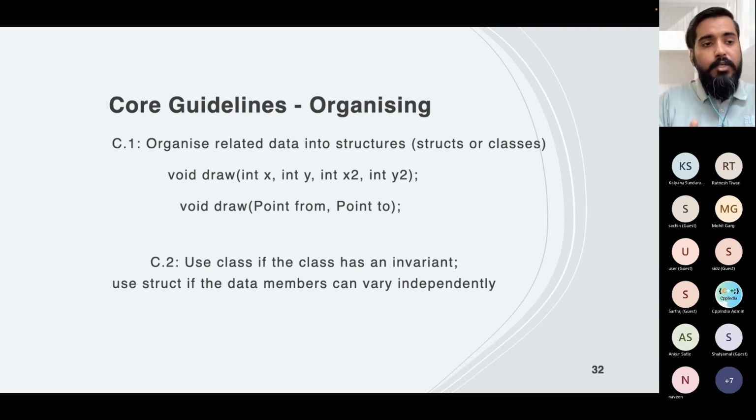There will be some constraint. So if the month is changing, the day cannot go more than 31 or something. Those conditions are there. So keep all these in a class, because you will have something to handle. You will add methods also. But if you want to just store some random data, then you can go with the struct.